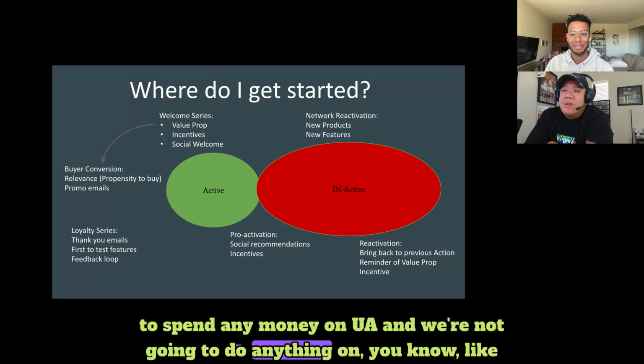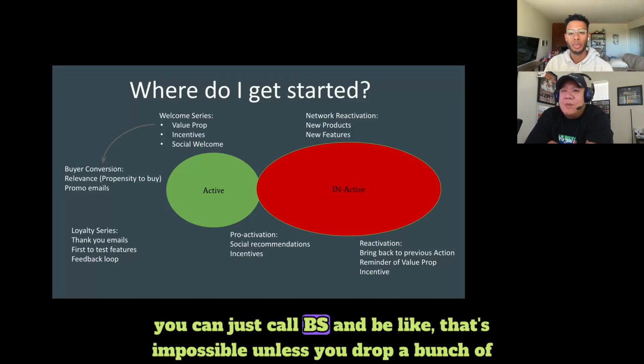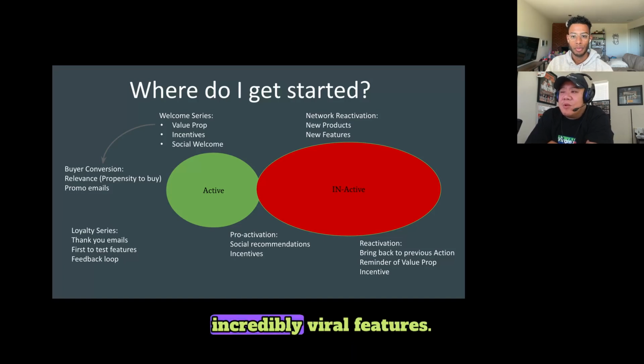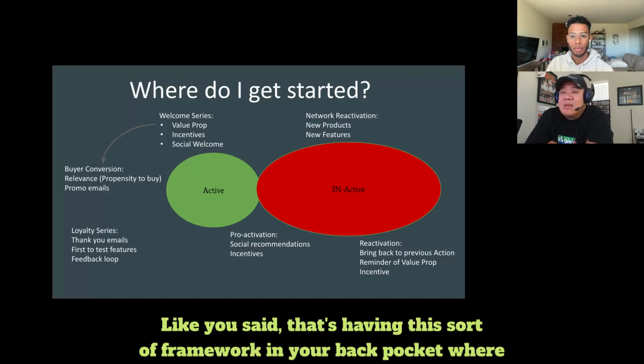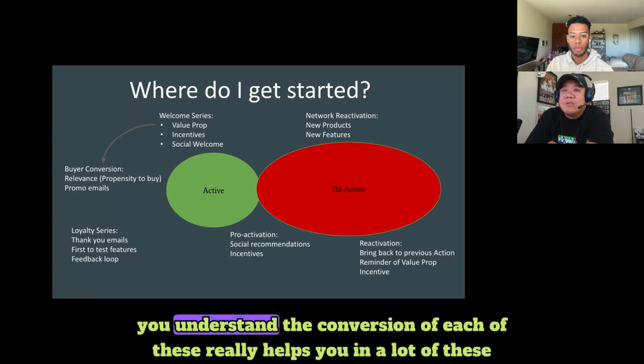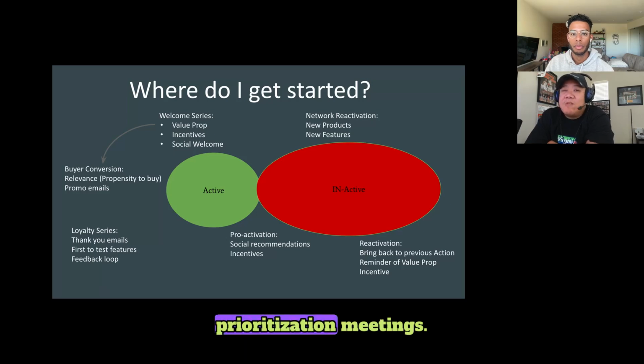You can just call BS and say that's impossible, unless you drop a bunch of incredibly viral features. And like you said, having this framework in your back pocket, where you understand the conversion of each of these, really helps you in a lot of these prioritization meetings.